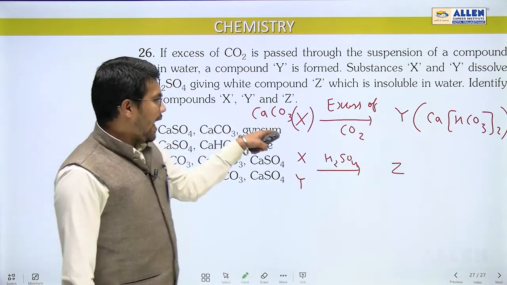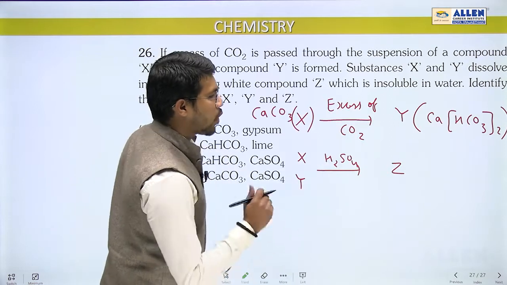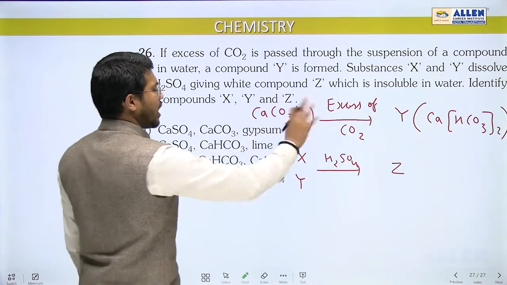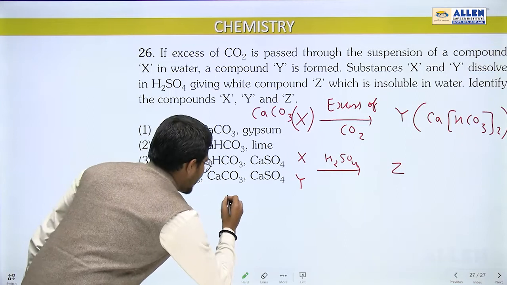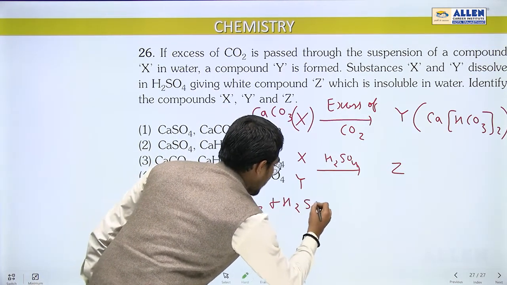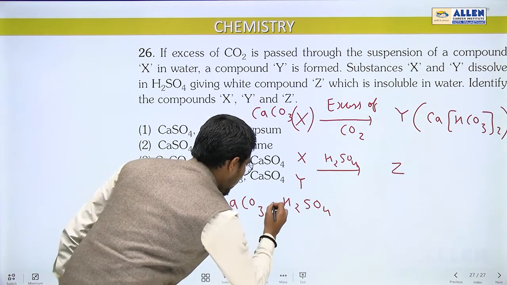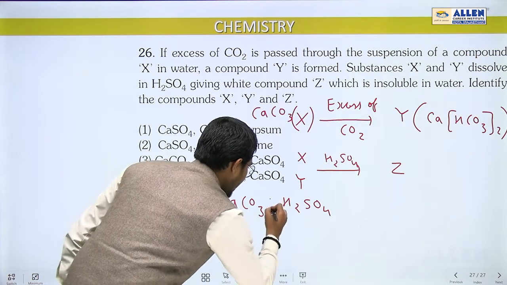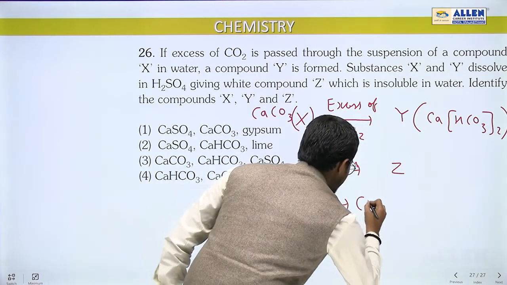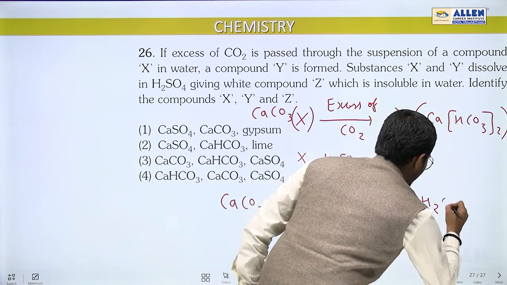Now both X and Y, that is CaCO3 and Ca(HCO3)2, react with H2SO4. CaCO3 plus H2SO4 will produce CaSO4 plus H2O plus CO2.